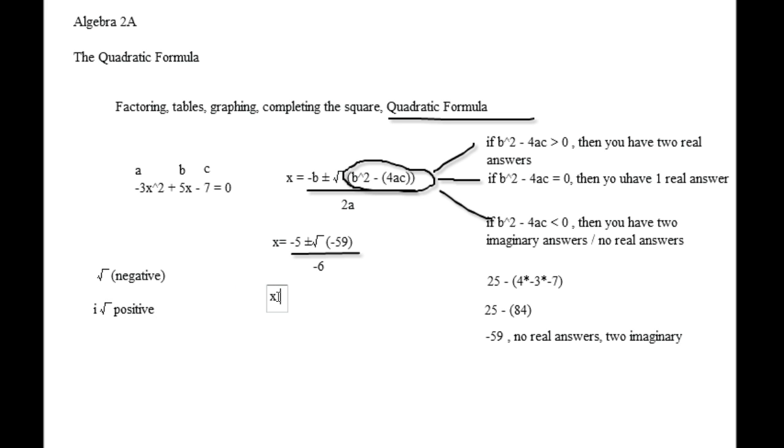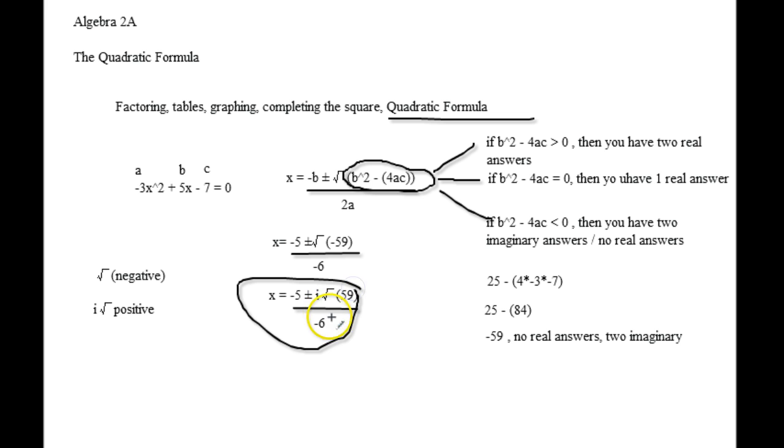So this one actually turns into x equals negative 5 plus or minus, oops, I should probably have the i there in front. I'm going to write it so you can see it. i square root of 59. So that's looking pretty cool so far. And then we actually have the negative 6 down here.